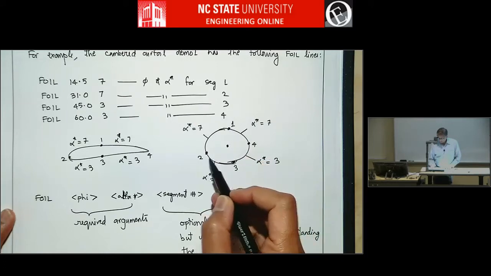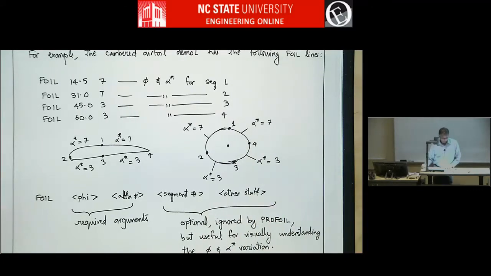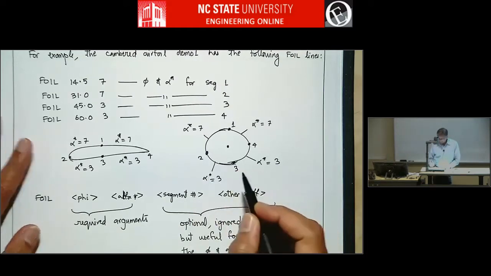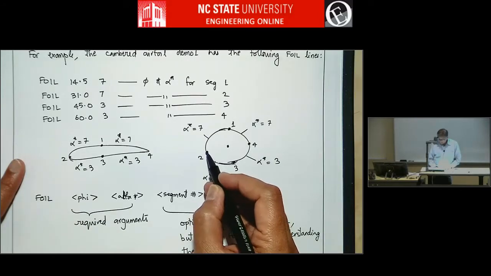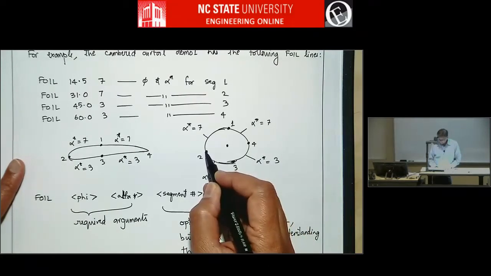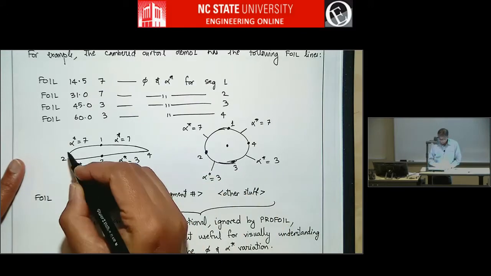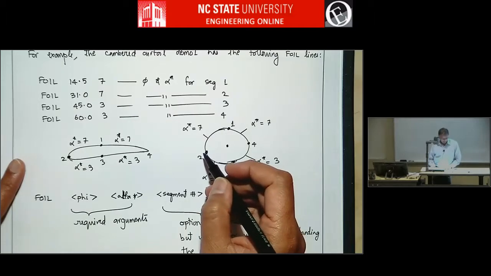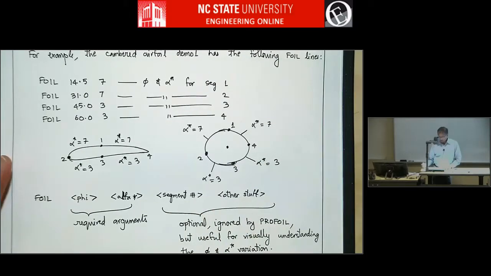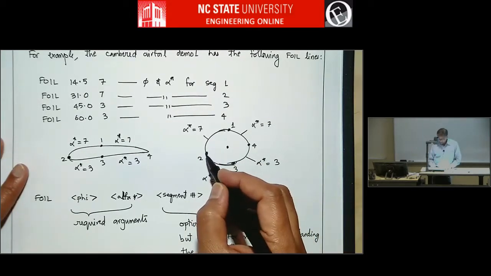First segment, second segment, third segment, fourth segment. Now, this particular segment endpoint number 2 is the aerodynamic leading edge. It's not the geometric leading edge, but it's the aerodynamic leading edge.